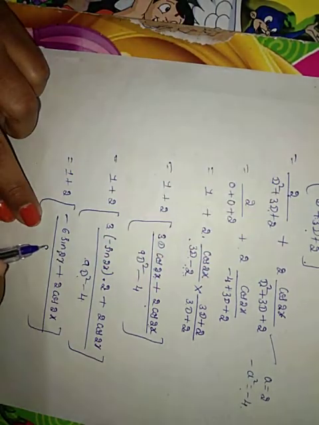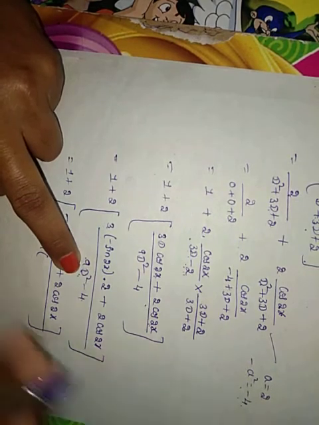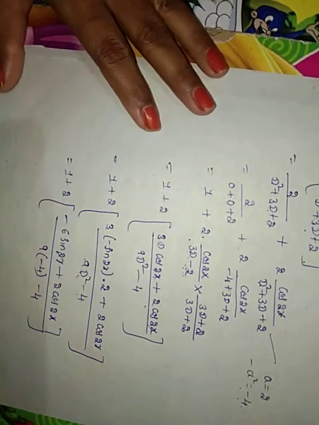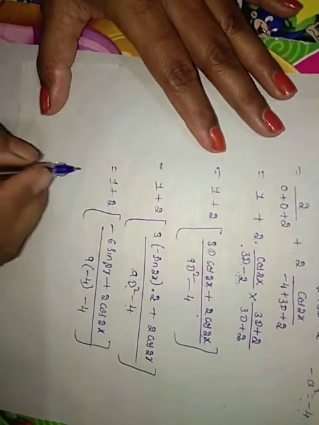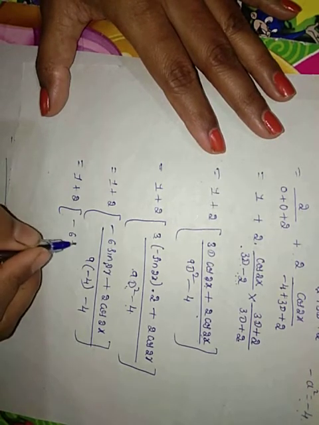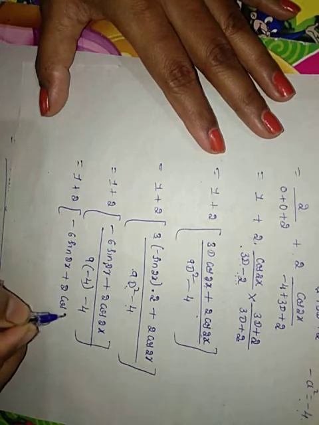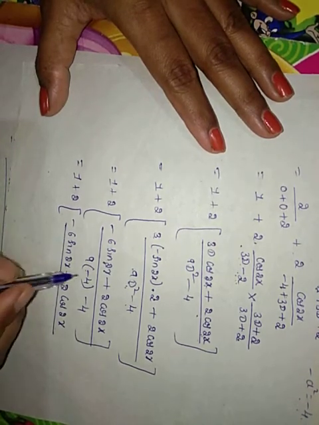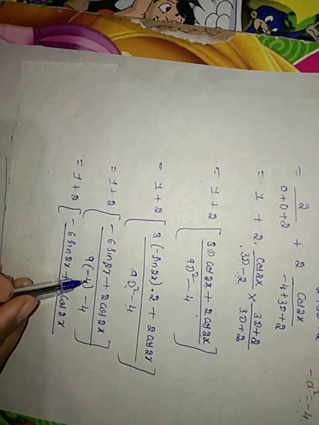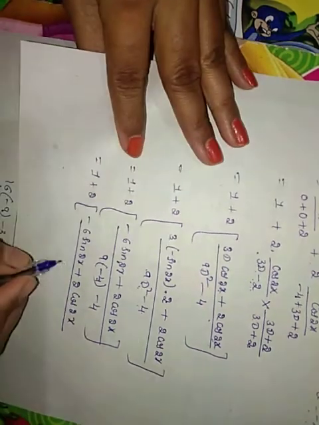So 9 into D square is replaced by minus a square, and minus a square is minus 4. So 1 plus 2 into bracket minus 6 sin 2x plus 2 cos 2x divided by 9 into 4, 36, minus 36, minus 36 minus 4, minus 40.